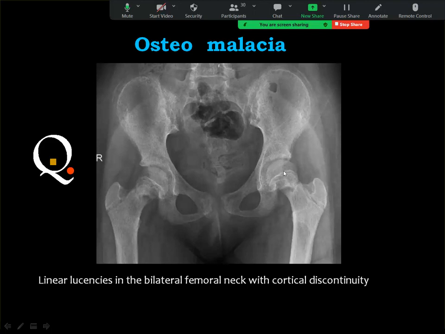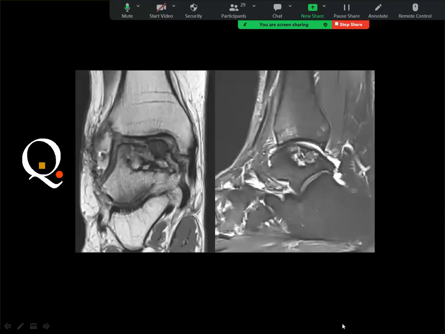You can see protrusio acetabuli, you can see Looser zones, or what's known as pseudo fractures, at some of the characteristic locations. Next case is an MRI of the ankle, and this is coronal T1, and this is sagittal STIR.